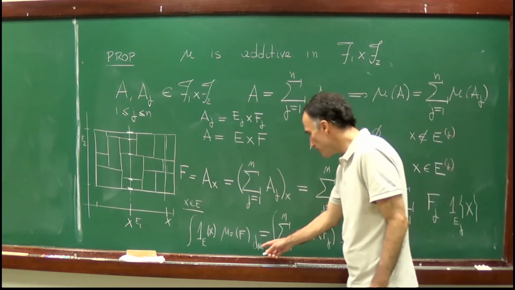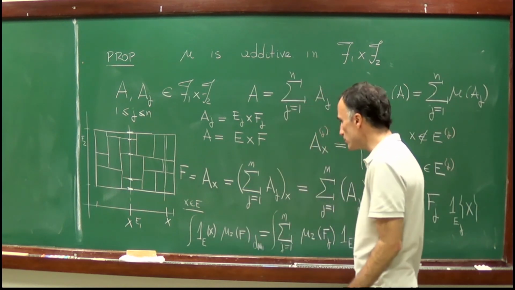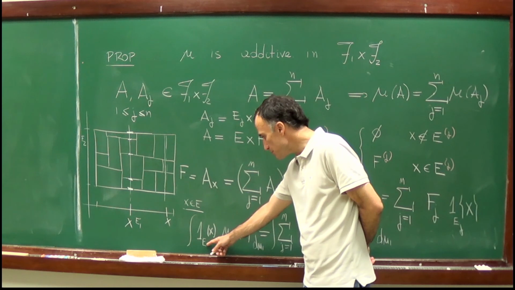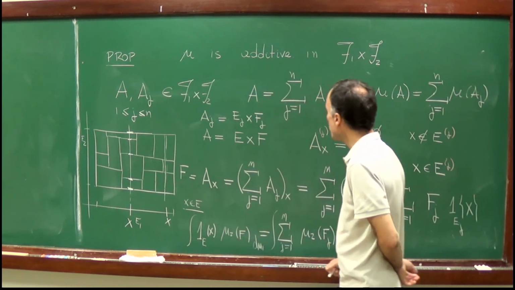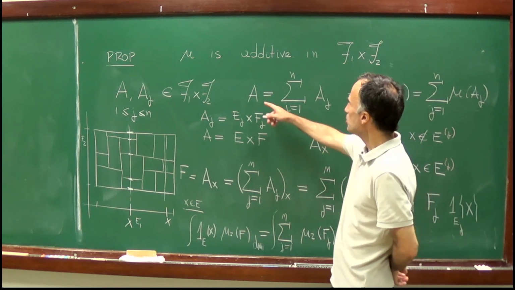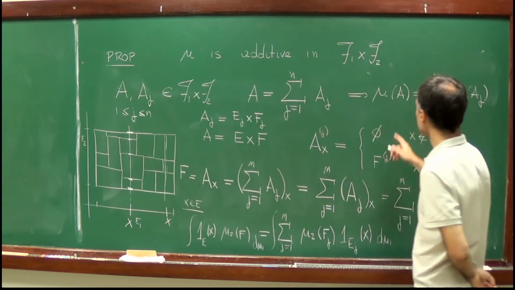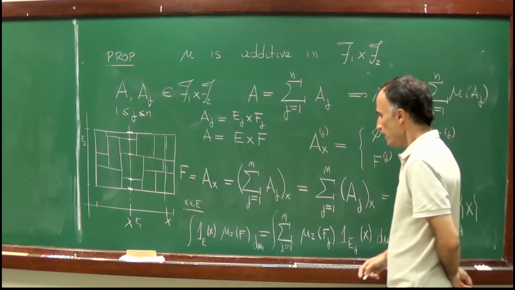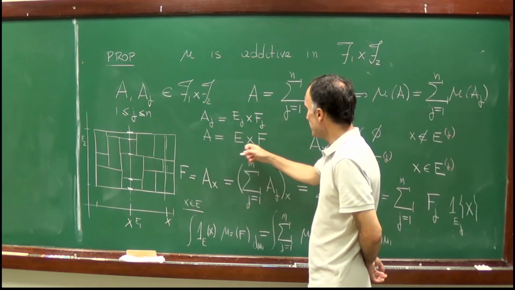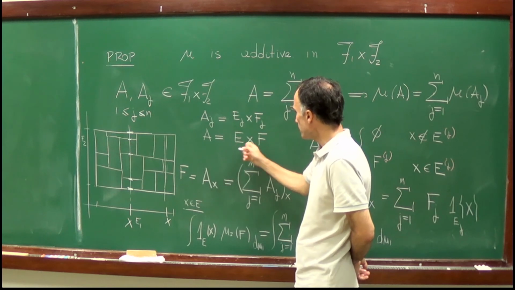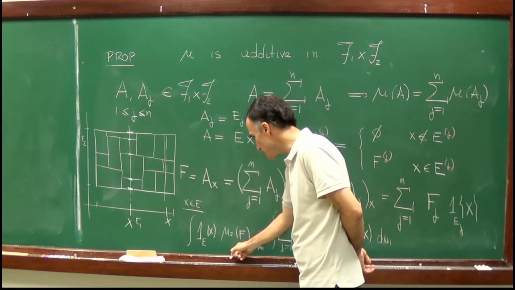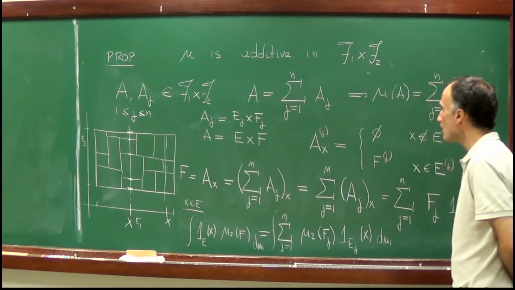what do I get? Well, the integral of a simple function is just mu1 of E times mu2 of F, but this is exactly mu of A, because A is E times F, and we have defined mu of A as mu1 of E times mu2 of F, and this is exactly what we get here.